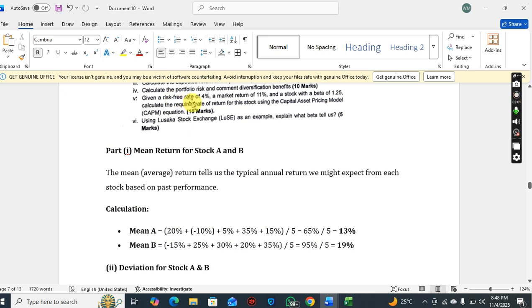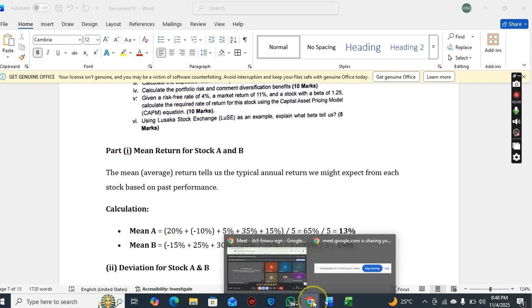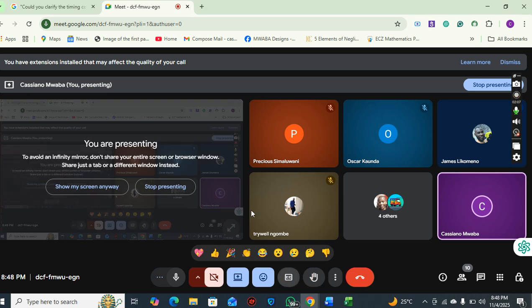The risk-free rate. Okay, this is the interest rate on government securities. Colleagues, why do you think government securities are risk-free?